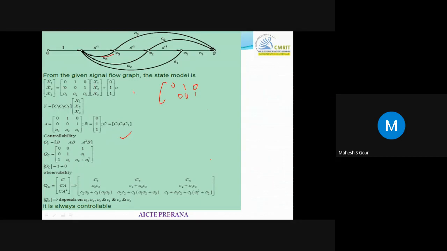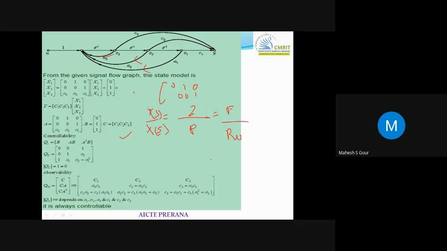See here, for example, for your x1 matrix. As you know, your transfer function will be in this format: y of s divided by x of s. So this will be your zeros and this will be your poles, correct? For zeros, what I said, it will be the forward path, and for your poles, it will be the reverse or feedback path, right?